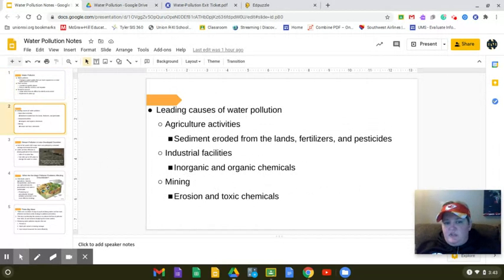Also, with water pollution, there's three main causes or three main sources of water pollution. Agricultural, some of that is just stuff that's been happening for thousands of years, natural stuff like erosion. Other things are more current, like fertilizers and pesticides. We talked about how with more people in the world now, we need to be able to grow more food.